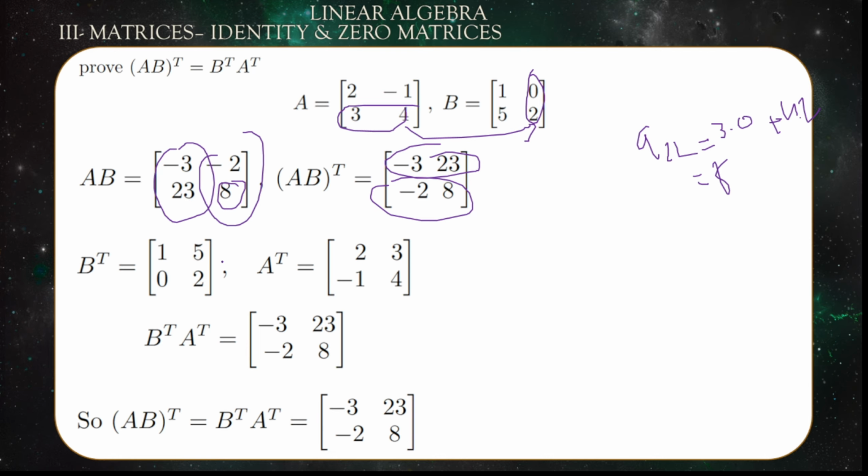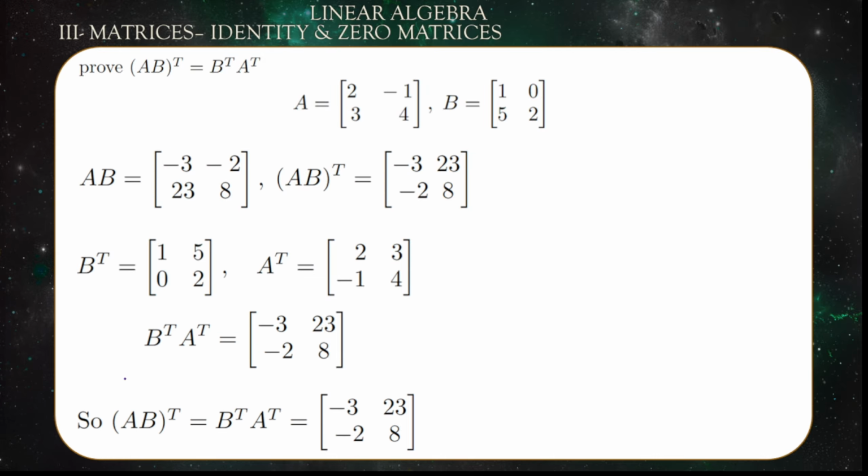So let us now evaluate the transpose of B, the transpose of A, and multiply them together. The transpose of B is equal to 1 5, 0 2. So the column becomes a row: 1 5. You see, we flip them 90 degrees anti-clockwise, and 0 2, which was a column, becomes a row.